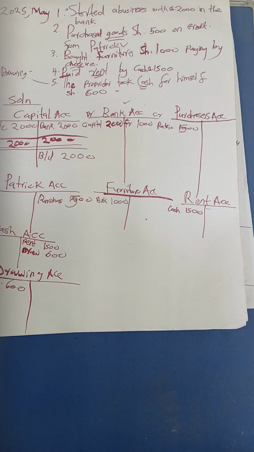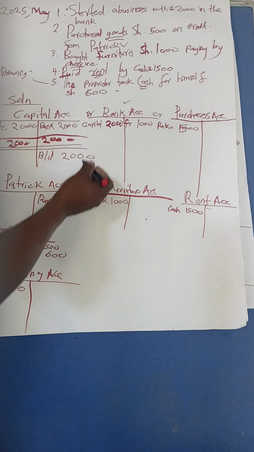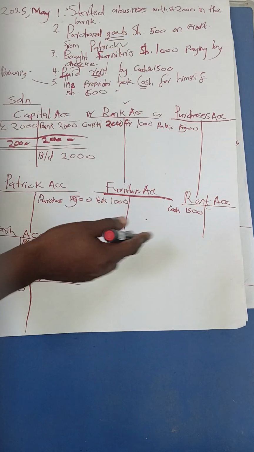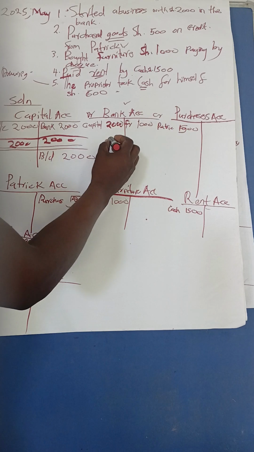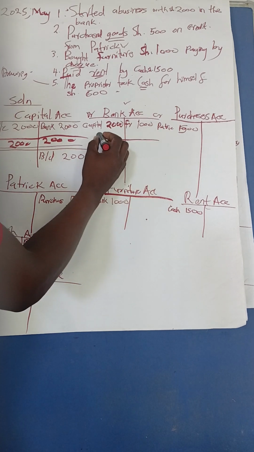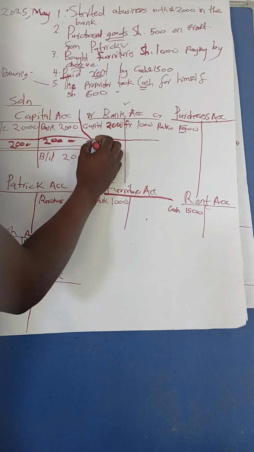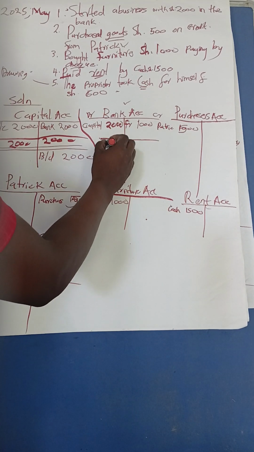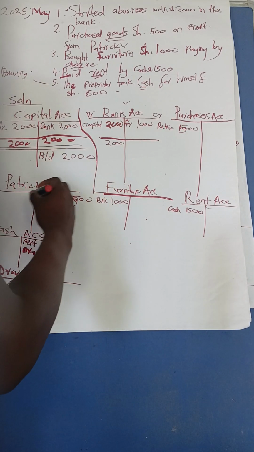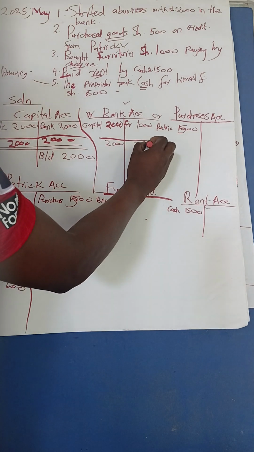The bank account, the same. You come to the bank account. Bank account says that assets must be having a debit balance. You can see we have the amount. So it means we have to put here 2,000. Then here we have to put 2,000.